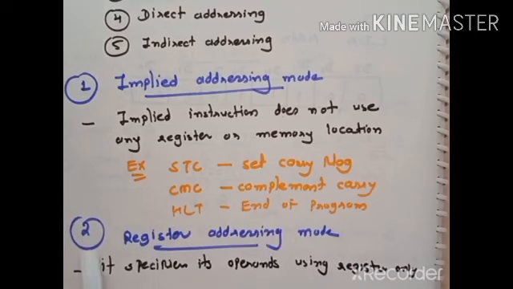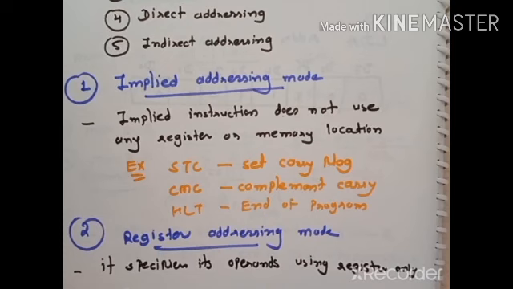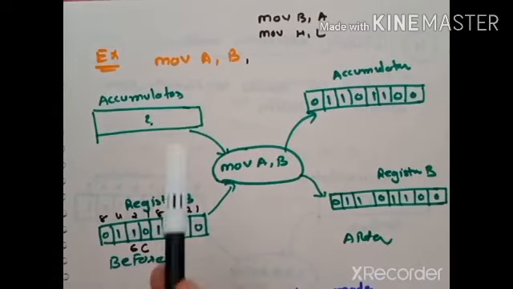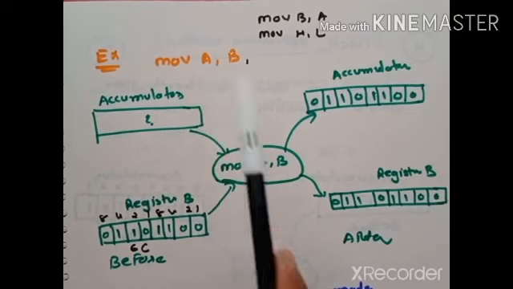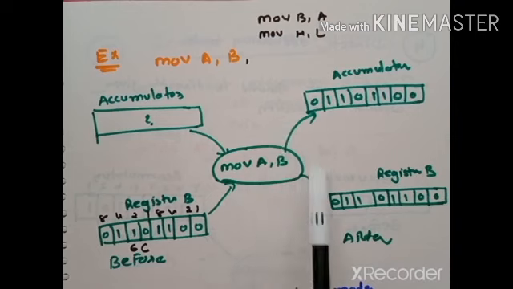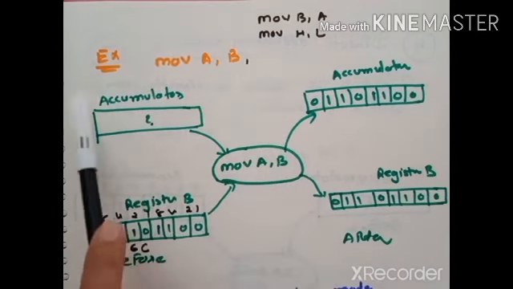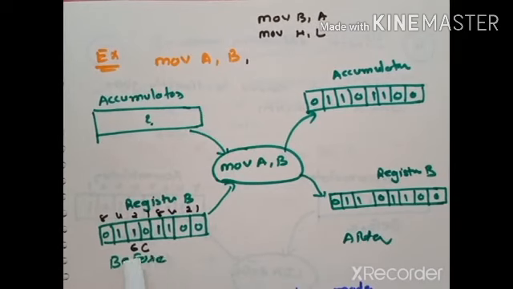The second addressing mode is register addressing mode. In this addressing mode, it specifies its operands using only registers. An example is MOV A, B. Before execution of this instruction, the content of the accumulator is unknown, and the content of the B register is 6C.